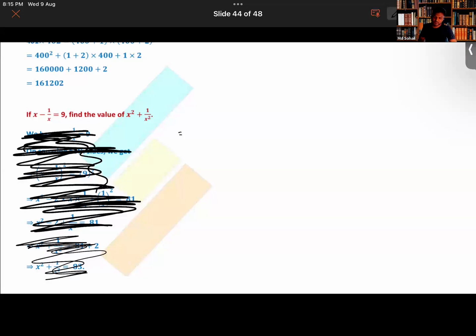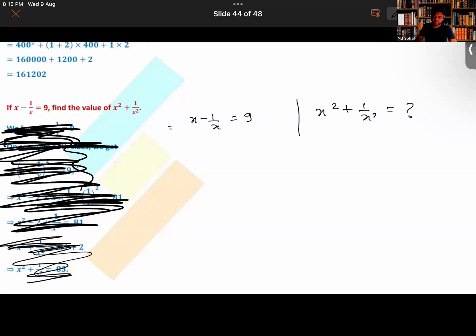The question is: if x minus 1 upon x equals 9, find the value of x squared plus 1 upon x squared. These types of questions are of high order thinking, and are normally asked in competition exams and Olympiads. So give it a try.